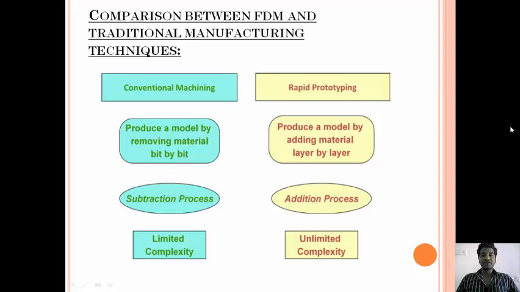This is a comparison between FDM and traditional manufacturing techniques. If we consider the conventional machining process, it is produced by removing the material bit by bit. As we know, it is a subtractive process where we use a tool to remove the workpiece layer by layer or bit by bit to create the required shape.